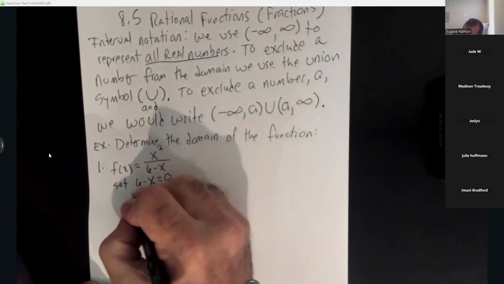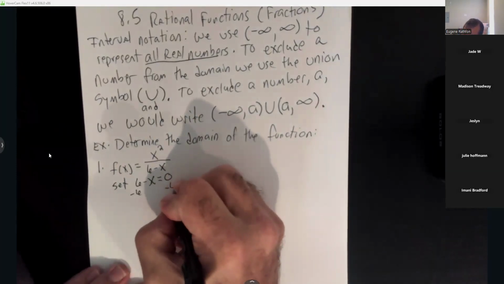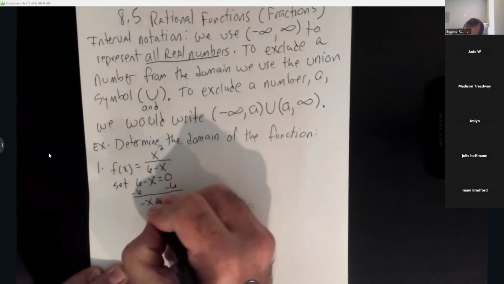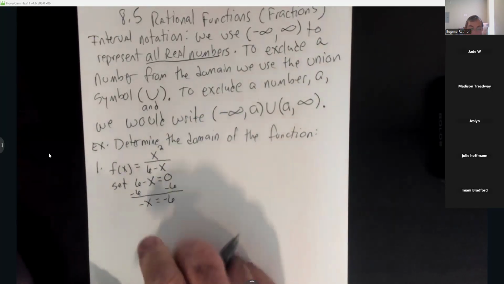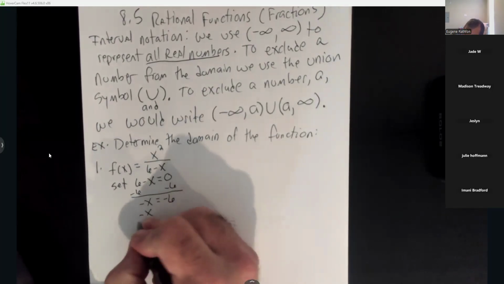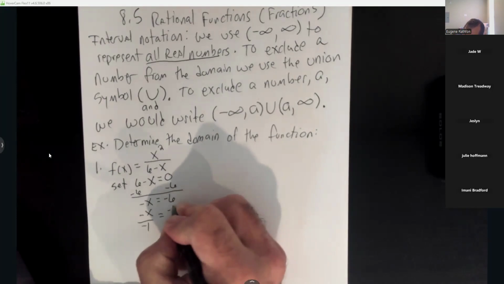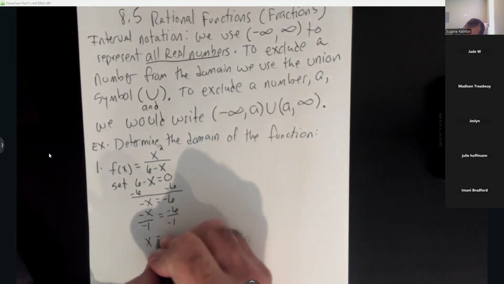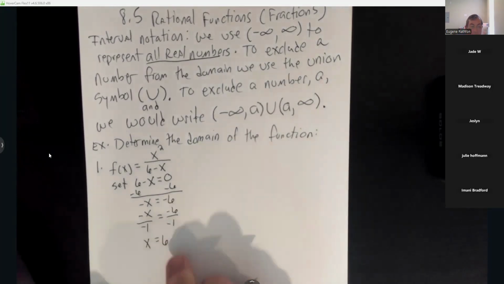So like for this one, to solve it, I would subtract 6 first. So that cancels. I get a negative x equals negative 6. And then to make my x positive, I would divide both sides by the negative 1 in front of it. So this gives me a positive x equals a positive 6.